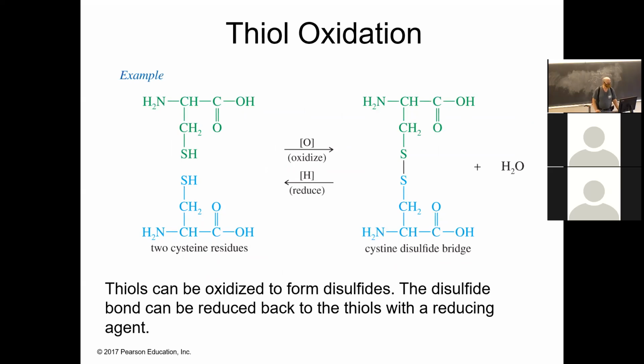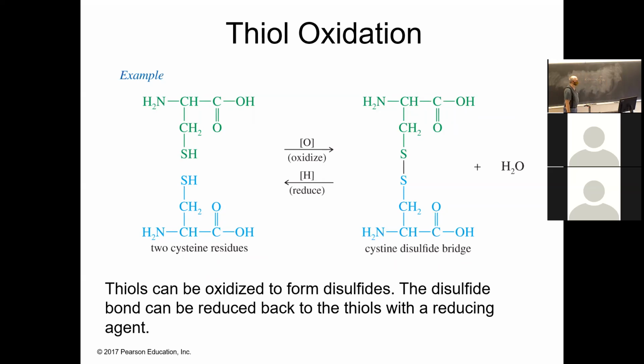Okay, besides mild oxidation, if you use a strong oxidizer, a strong oxidizer would be something like KMnO4. In this case, you would go all the way to a sulfonic acid.